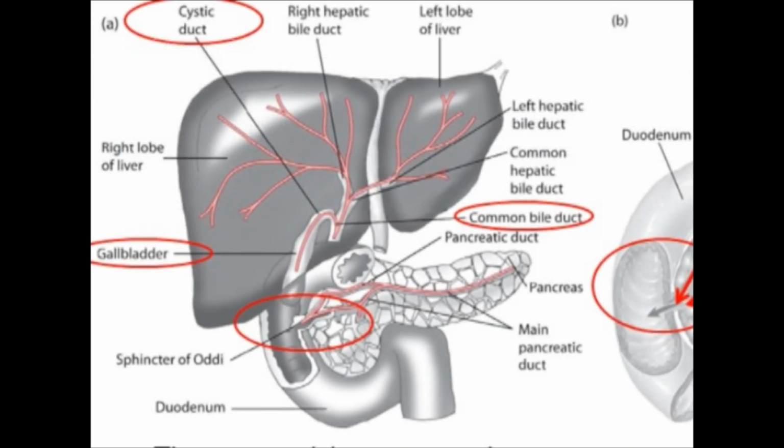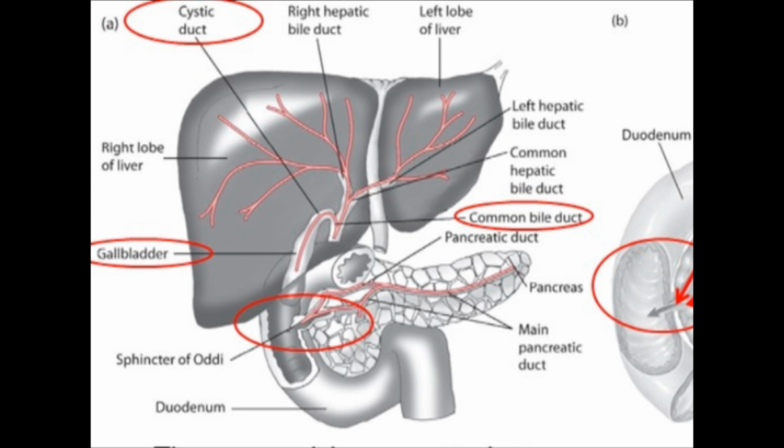I want to take a closer look at the pancreas, the gallbladder, and the duct system that transports the bile and the pancreatic juices. Well, first, in looking at this particular image, we could see that the common bile duct is a duct that is common to the cystic duct that is secreting the bile from the gallbladder.